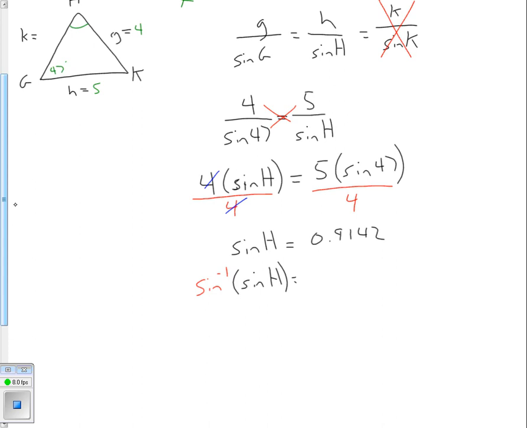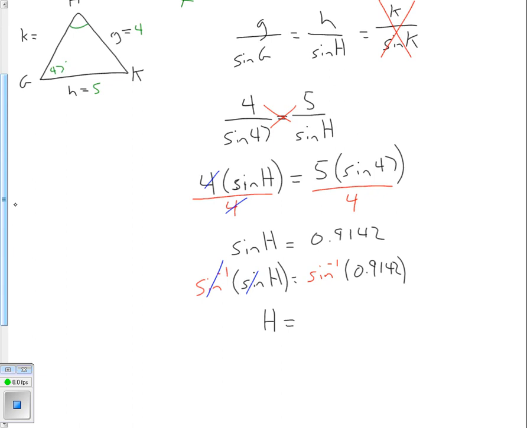Sine inverse of sine H. And if I've done sine inverse on the left-hand side of the equal sign, I must also do it on the right-hand side because we have to have that balance. So 0.9142. And so I know that inverse sine and sine are going to cancel each other out. So I'm just left with H on the left-hand side.